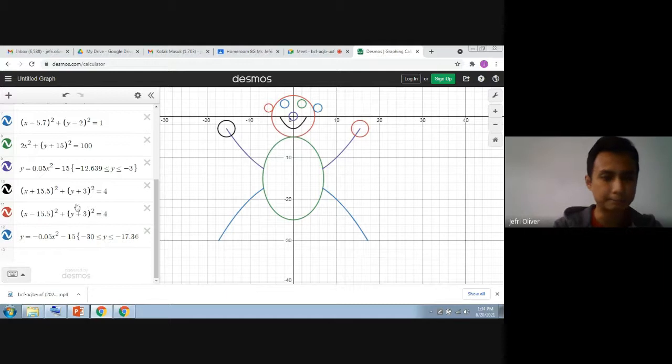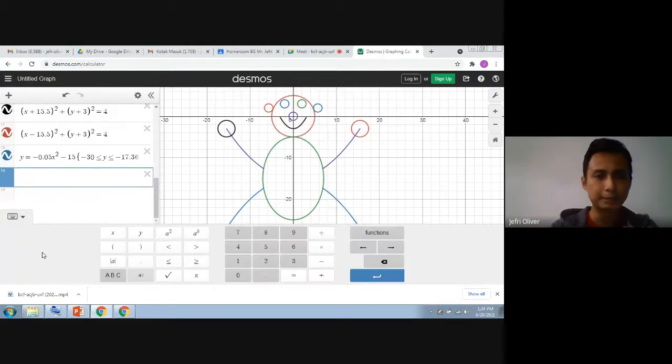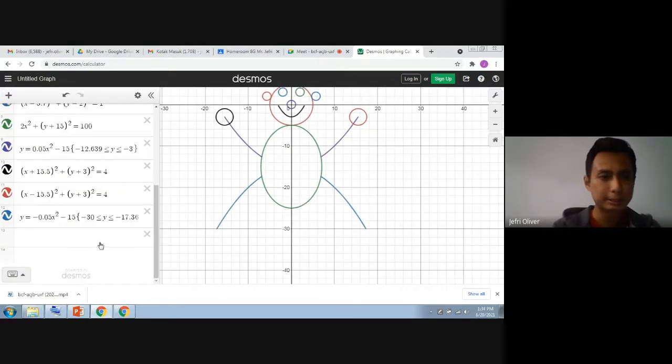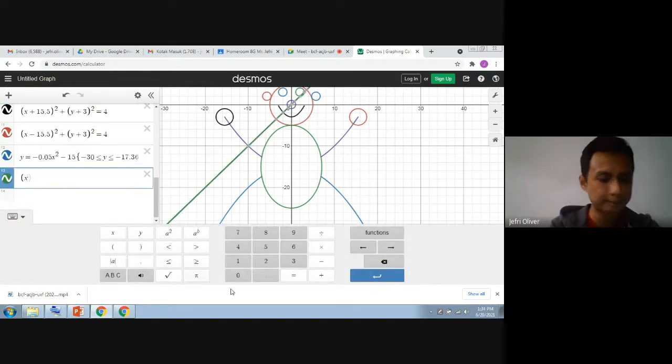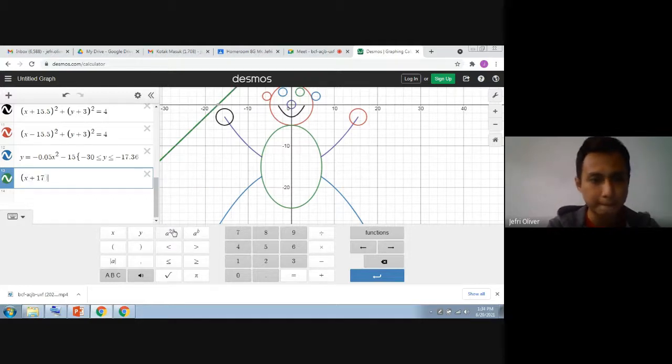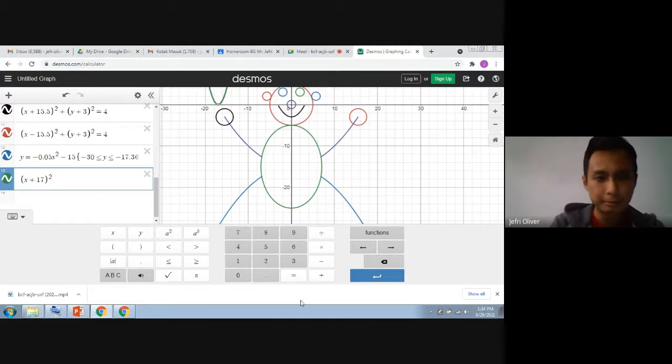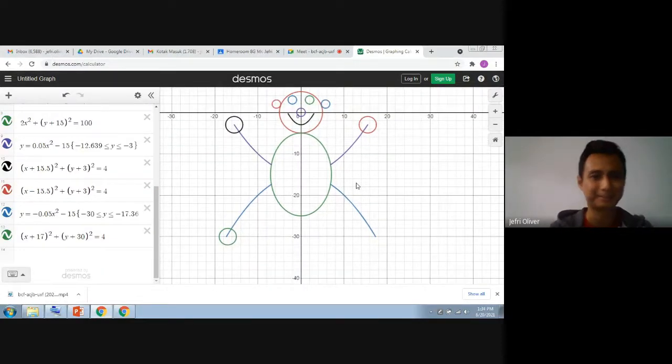And then we can put another part on the foot with a circle: (x plus 17) squared plus (y plus 30) squared is equal to 4. Okay, so it becomes like that, right?